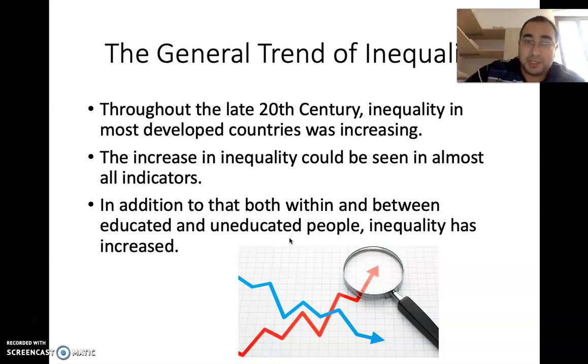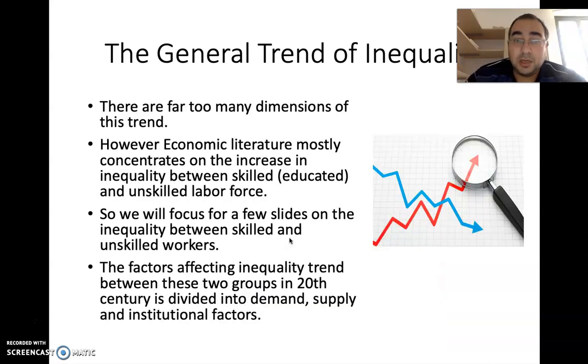That just increases the possibility you might get to the top 10% or above it. So there are different dimensions of it, but the book has focused on the inequality between skilled and unskilled people, and so that will be the focus here in this lecture.